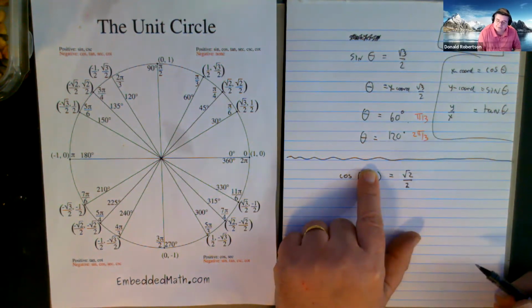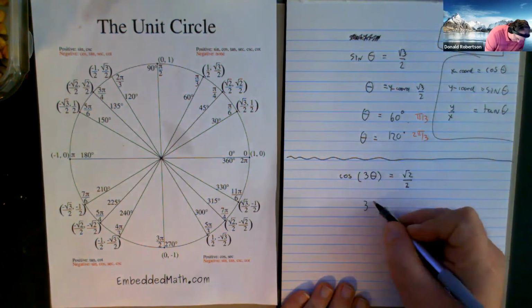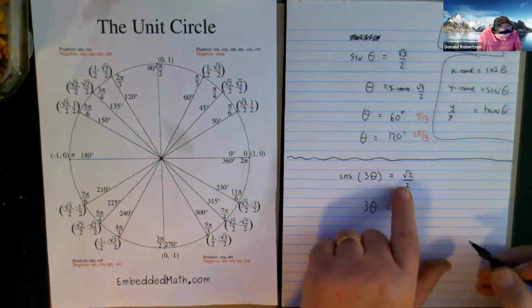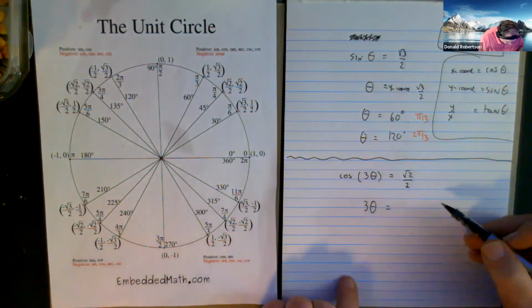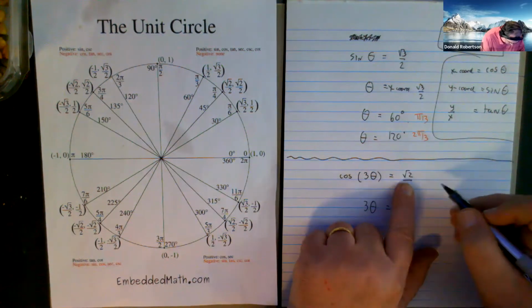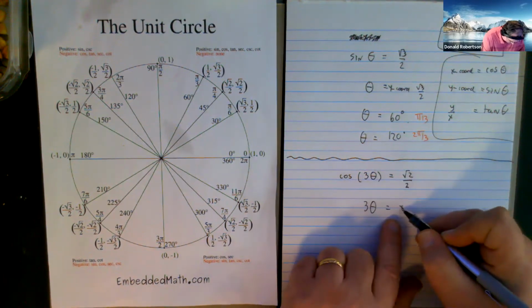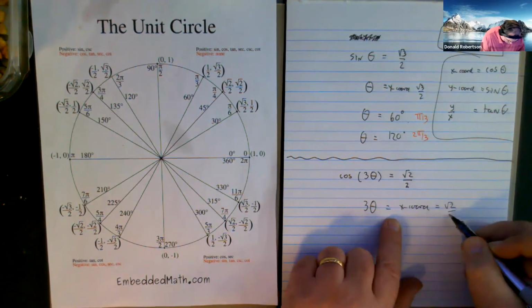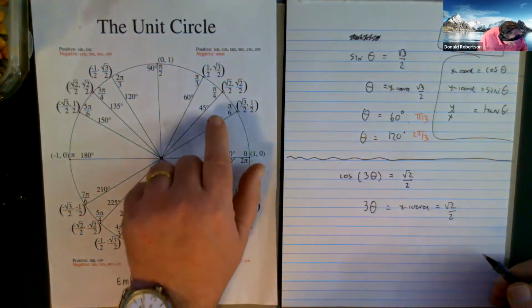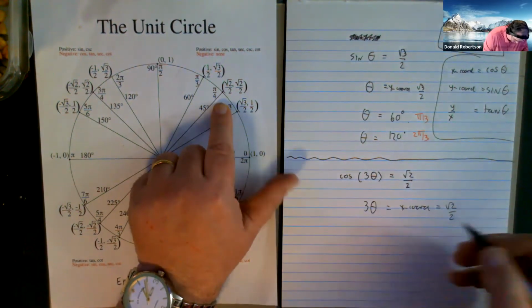So the angle underneath my finger is 3 theta. So I'm looking for an x coordinate equal to √2 upon 2. So I'm going to get 45 degrees.